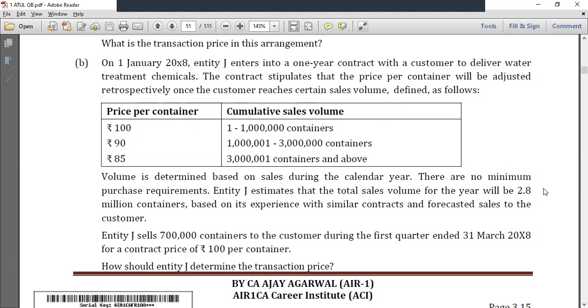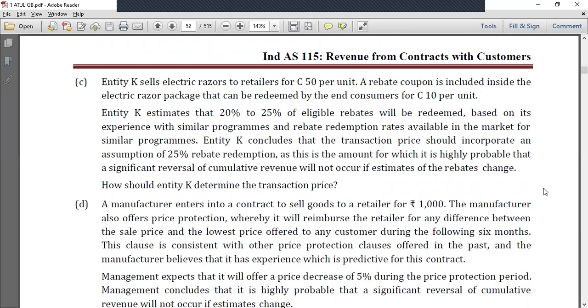So it sold at 100 rupees, but it is only liable for 90. Now, how should the entity estimate this transaction price? See, the transaction price is 90 rupees per container. How did you get that?